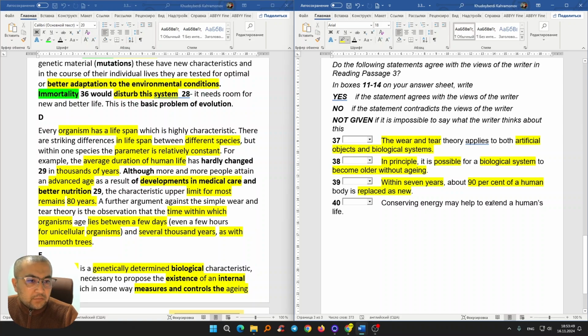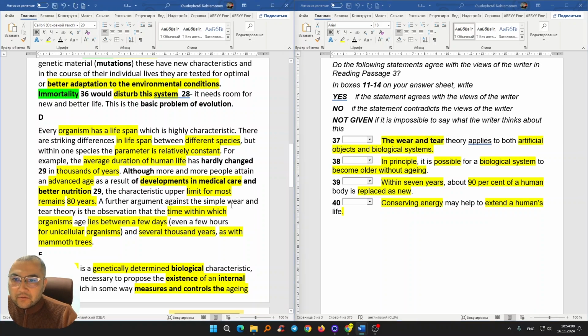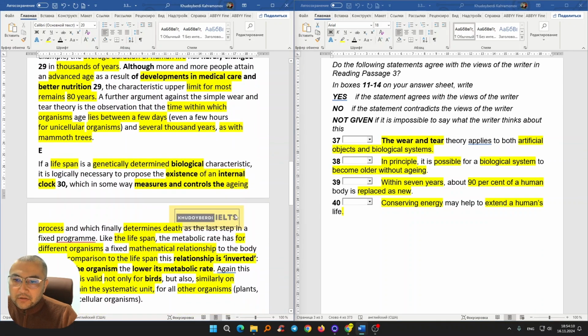Conserving energy may help to extend humans' life. So let's try to do our best in terms of figuring out the words wear and tear. This is a kind of keyword that you can figure out here.